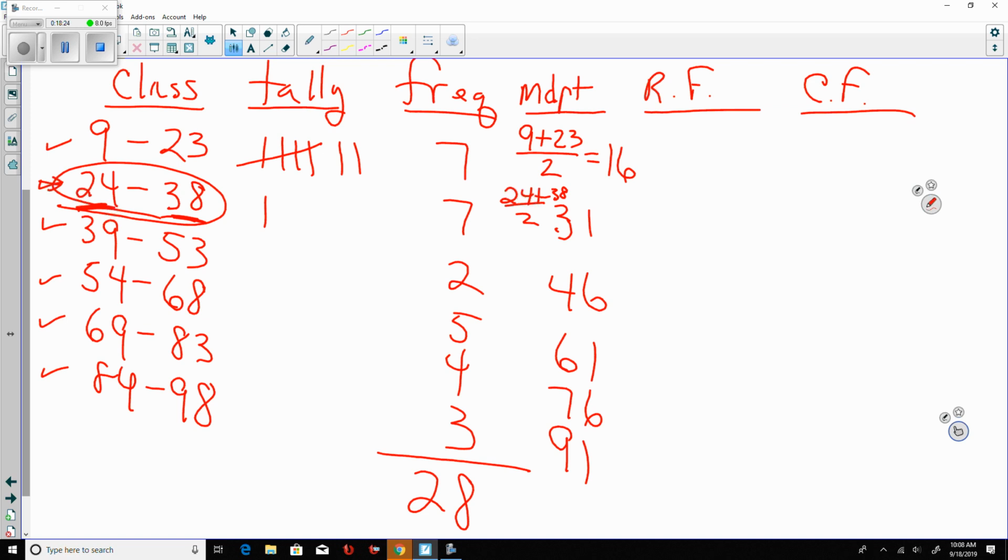Now, how can you check these? I can check these by doing midpoint 2 minus midpoint 1. 31 minus 16 is 15. 46 minus 31 is 15. So the midpoint should always go up by the what? What is 15?